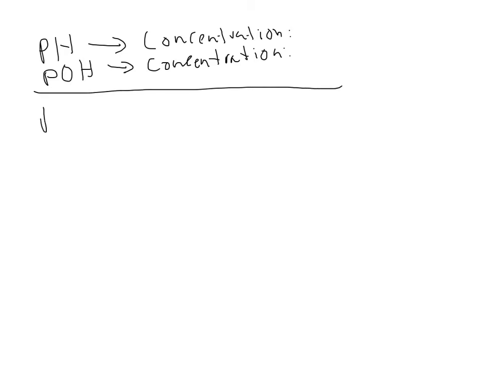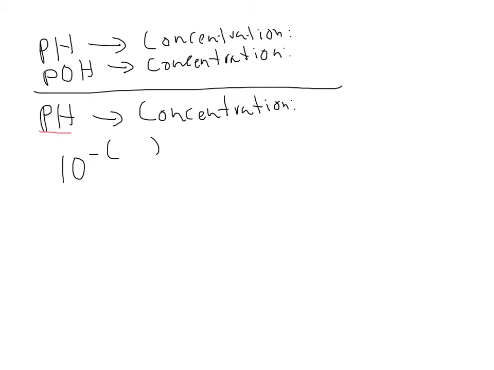Say you have a pH value and you want to solve for the concentration. All you do is the inverse log, which is 10 to the minus whatever the pH given is. That will equal the concentration. Let's do one out for practice.